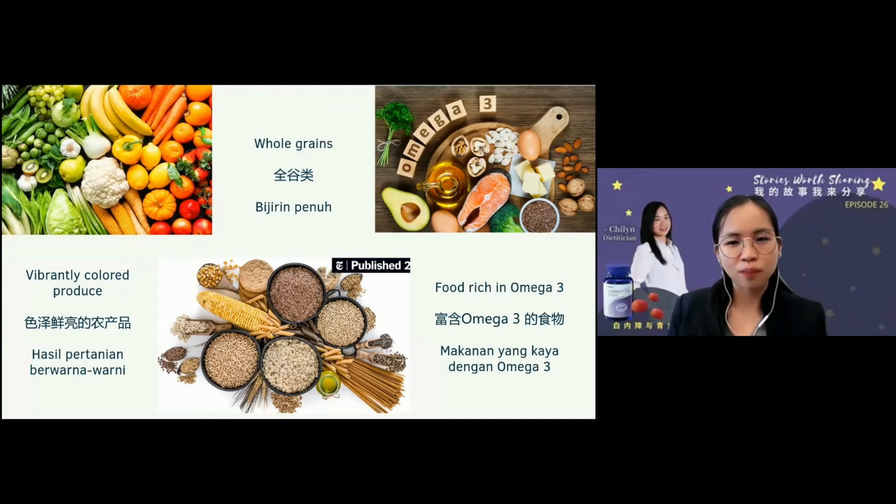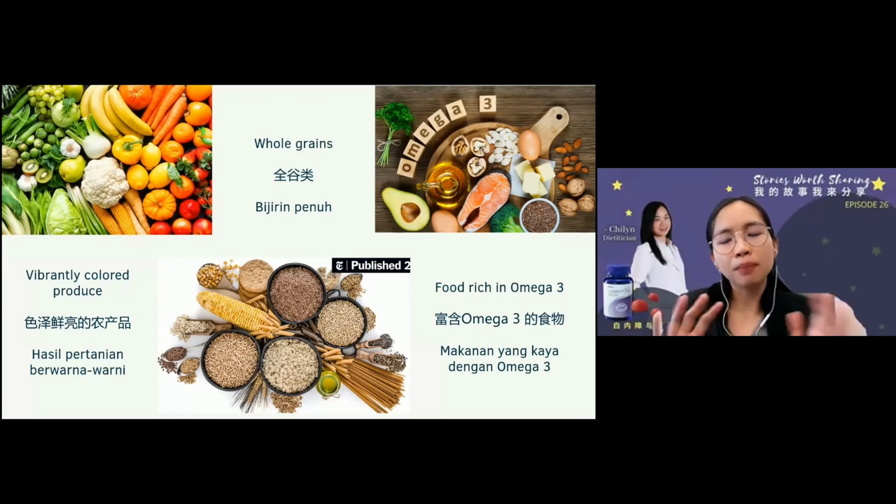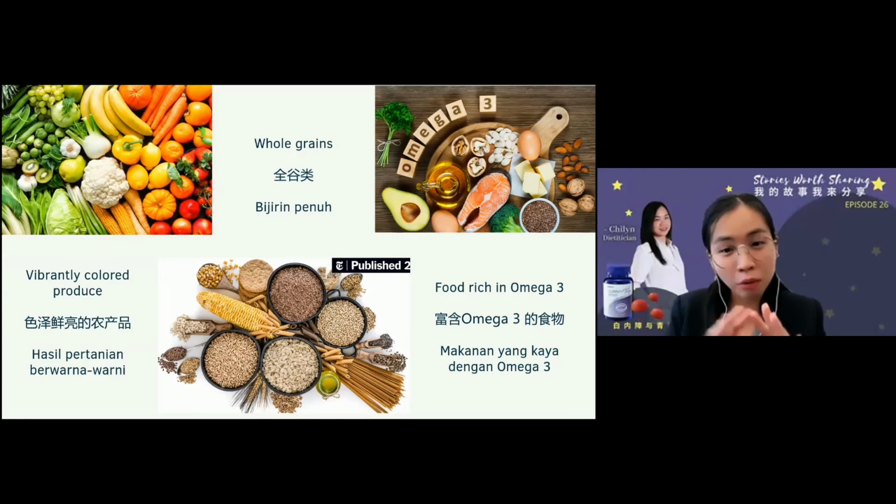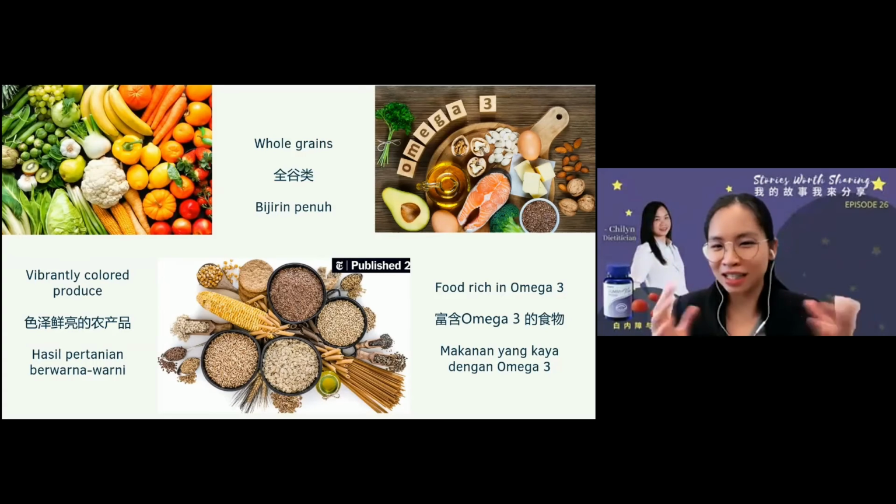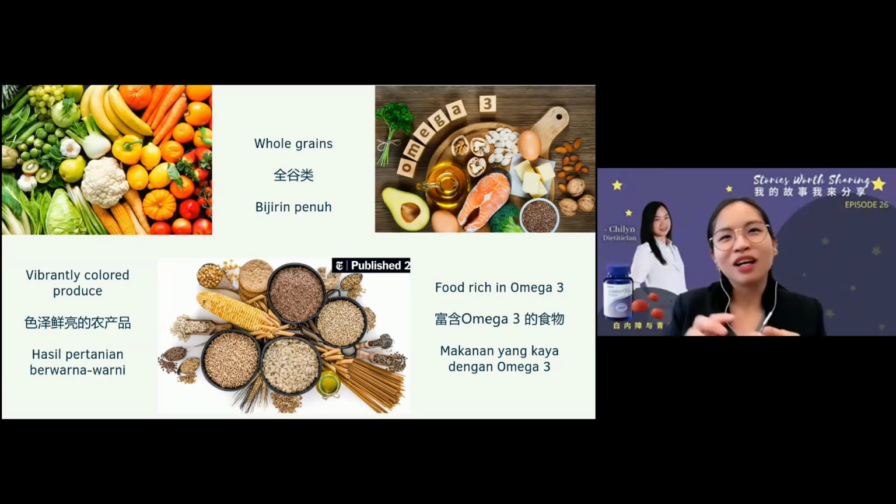Another thing is we don't call it a nutrient, and it's not a type of vitamin as well. It's not a vitamin, but it's an antioxidant that our body needs. There are many types of antioxidants, and it can be vitamins, it can be minerals, it can be others, such as lutein and zeaxanthin. Where can we find these, like the lutein and zeaxanthin?